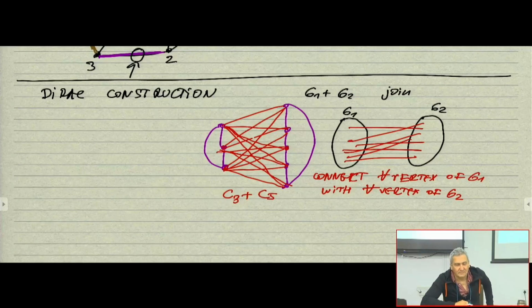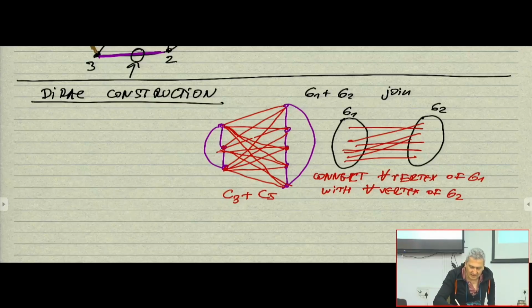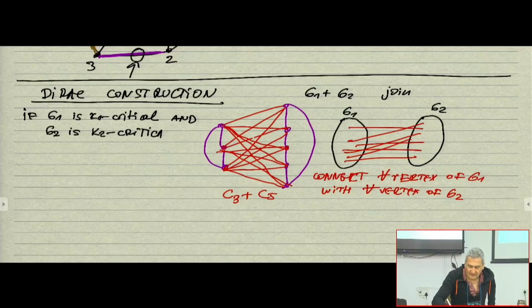Okay. And the construction says if G1 is K1-critical and G2 is K2-critical, then what do you think?